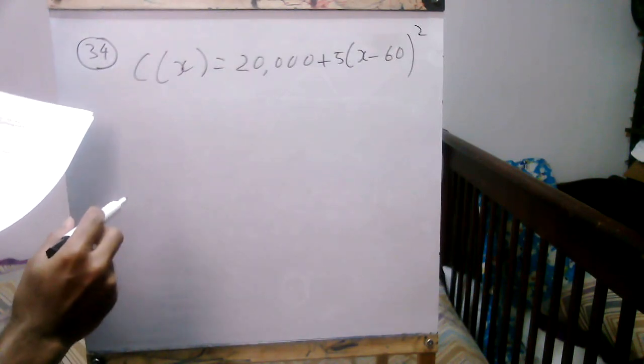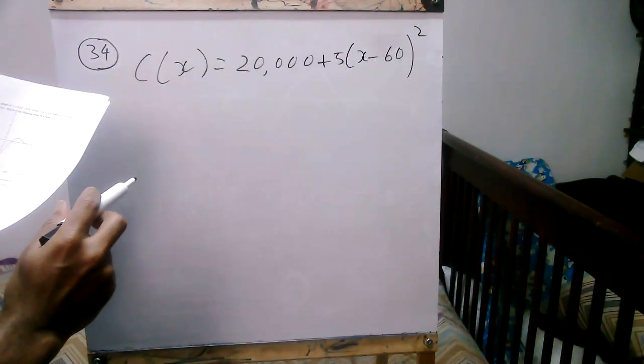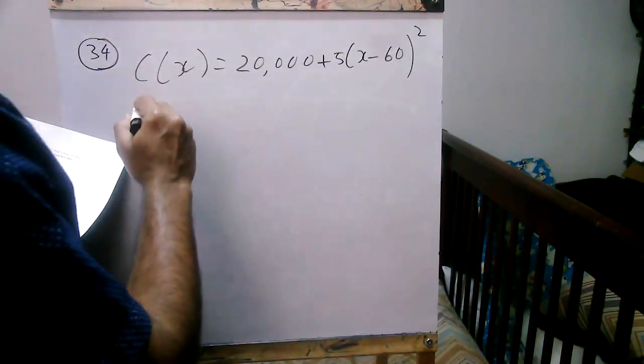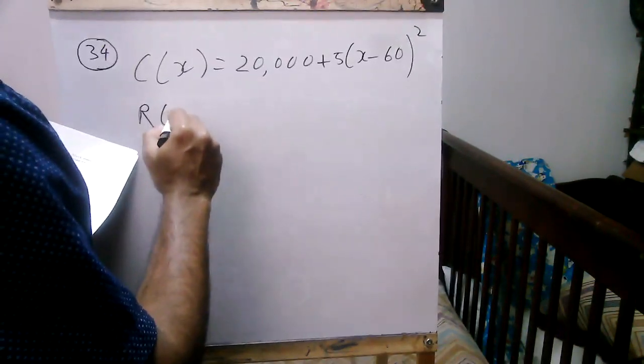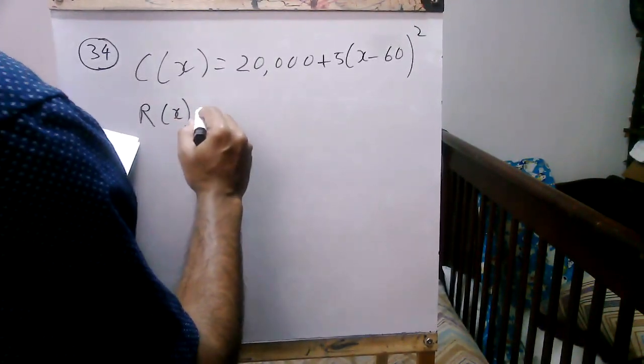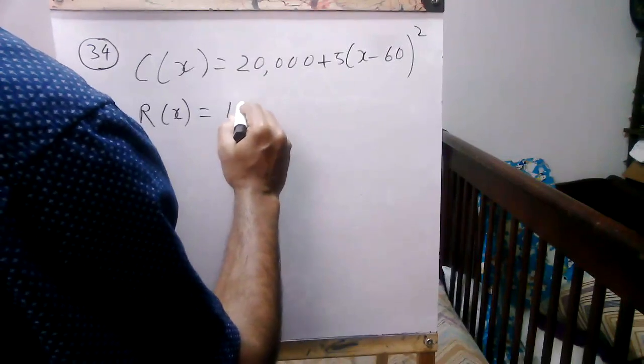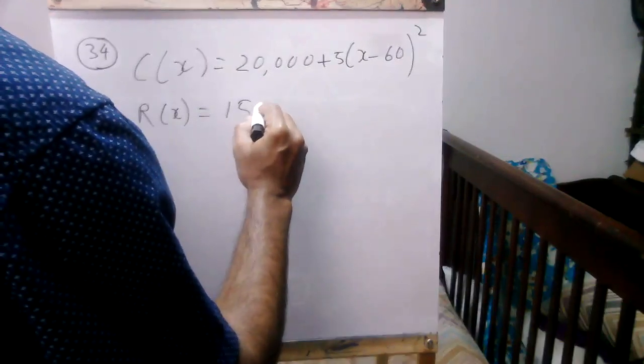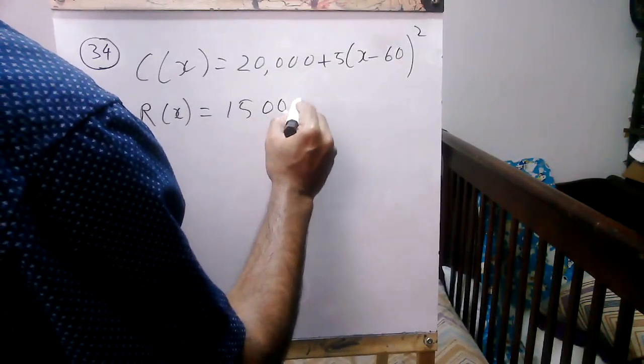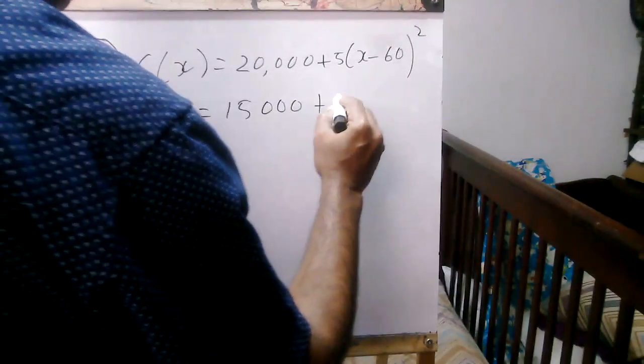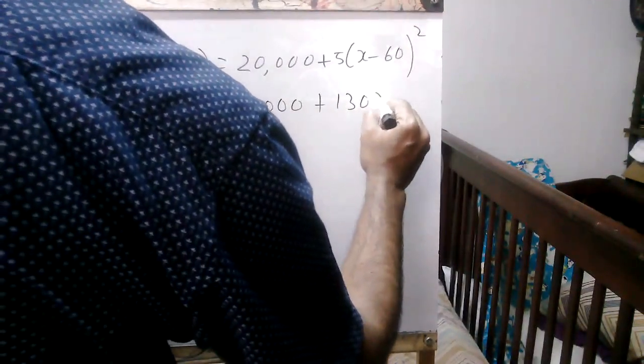The revenue obtained by selling x items is given by R(x) equals 15,000 plus 130x.